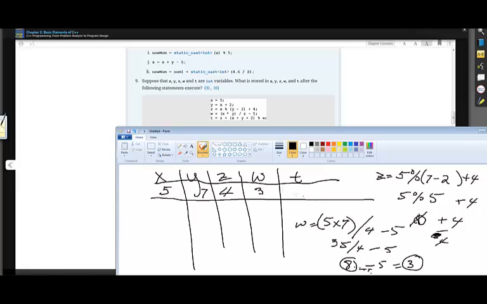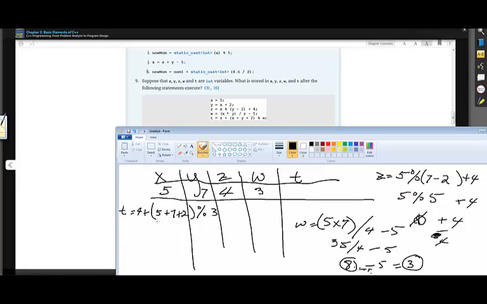Let's look at T. T gets a little bit more elaborate. Let me find some room here. T becomes C is 4 plus (X is 5 plus Y is 7 plus 2). They want you to mod that with W, which is 3. Okay, so here we go.